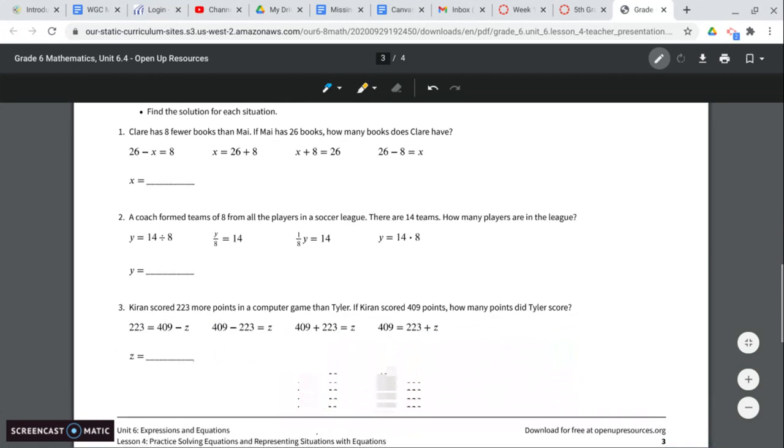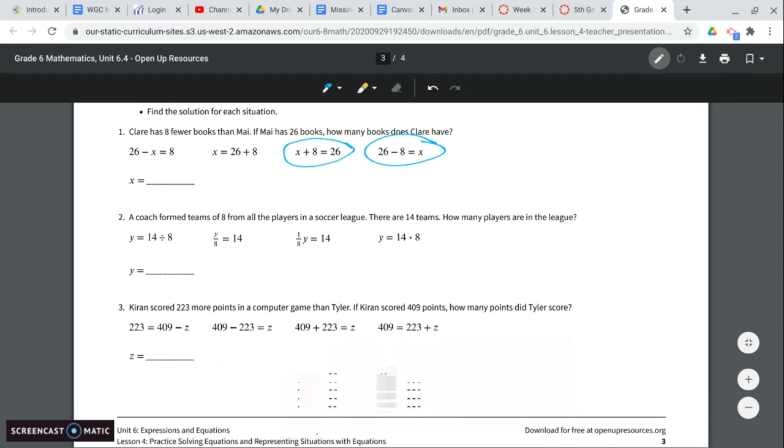Solve. All right. Claire has 8 fewer books than Mai. If Mai has 26 books, how many books does Claire have? So we know we're going to be subtracting 8 from 26 because we know that Claire has 8 fewer and Mai has 26. So there's one example. We can also use this one.